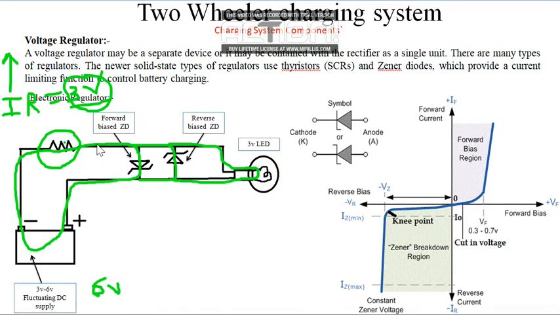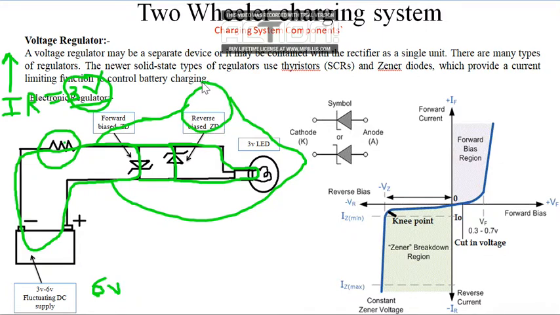After the resistor, if you apply a voltmeter across these 2 points, you get a reading of 3 volt again. But when you apply it between this point and this point, you get 6 volt.